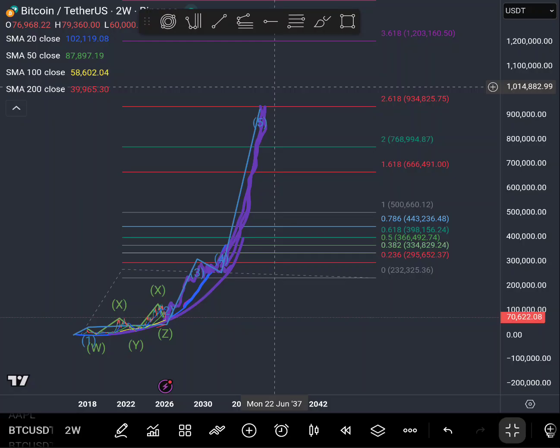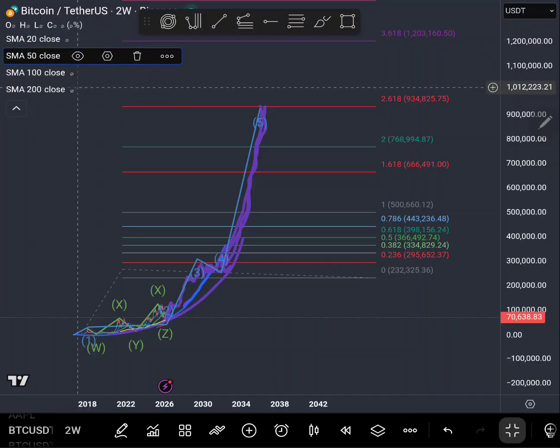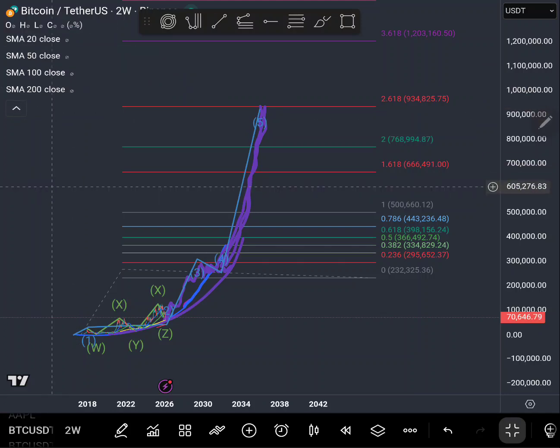So like I said, there are the simple moving averages, 20, 50, 100, and 200. Very useful indicators. If I switch those off? No, hang on, they're already on.